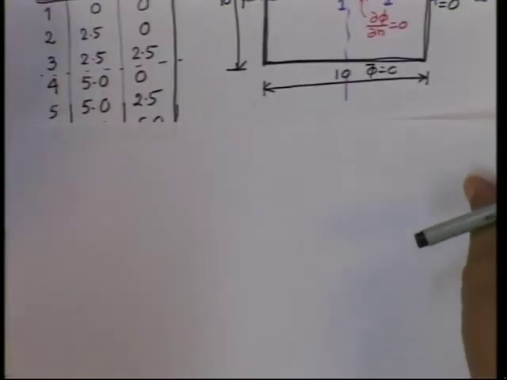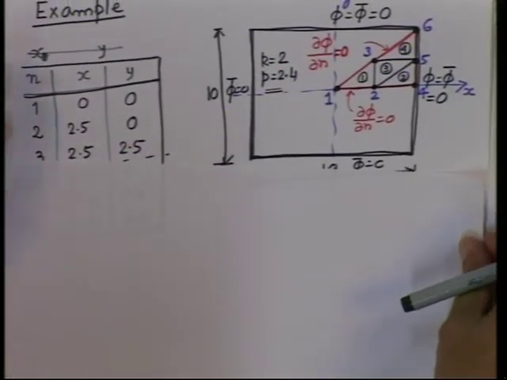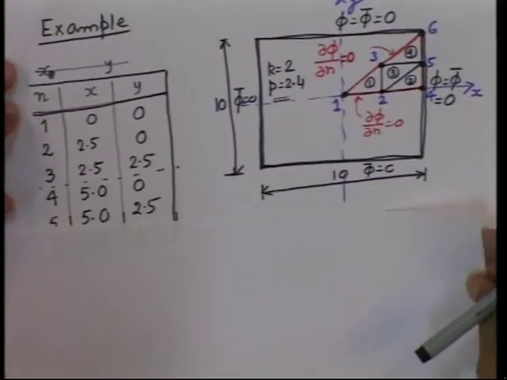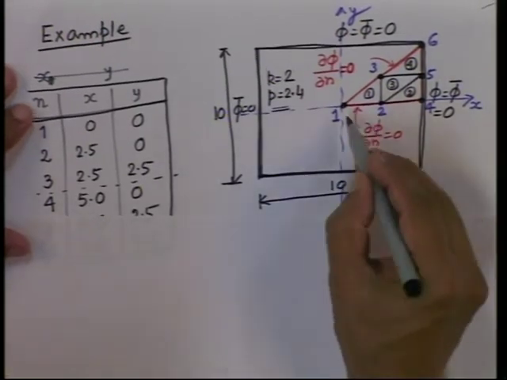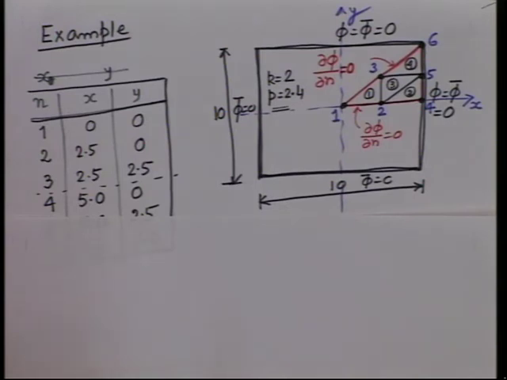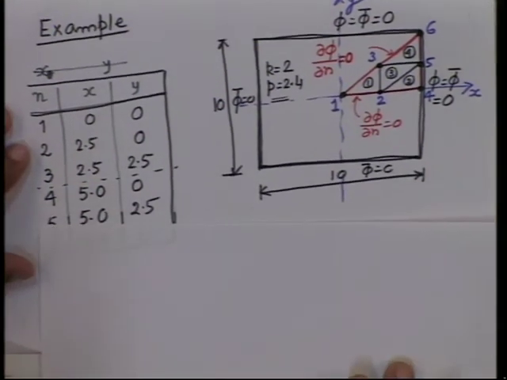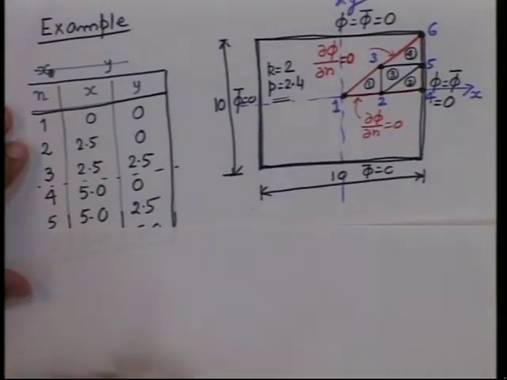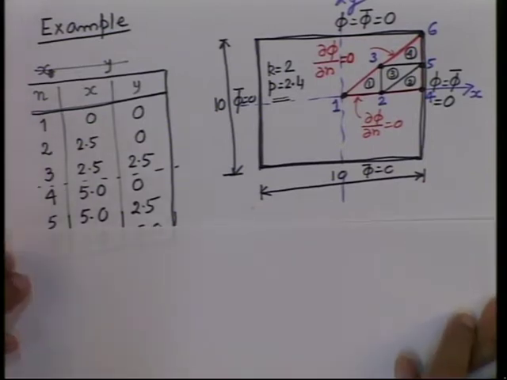That is K, for example, here element number 1, which is confined by node 1, 2 and 3. So you have to also say in what order you are putting the numbers.